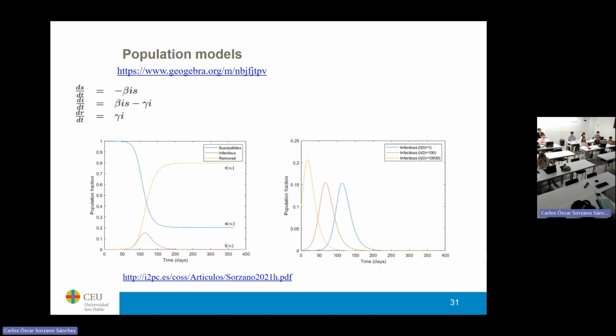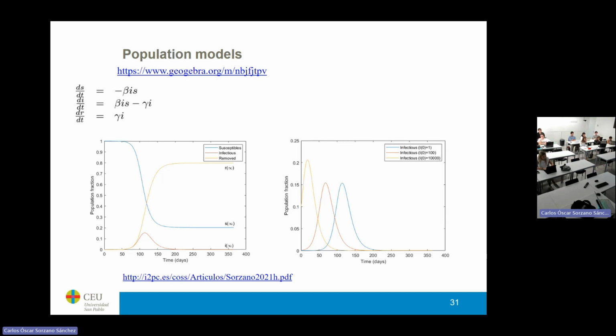Now, how does the susceptible population change? It changes because there is an encounter between an infected person and a susceptible one, and there will be a success rate, this beta. Every time that two people encounter, not always they get infected.